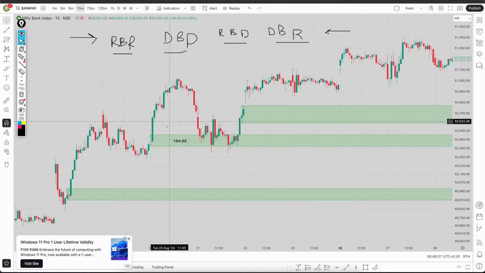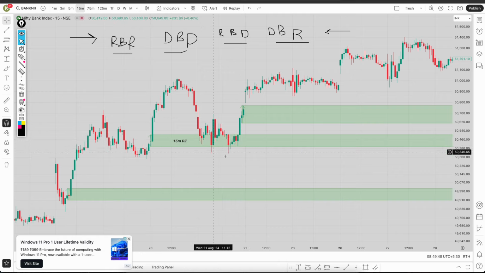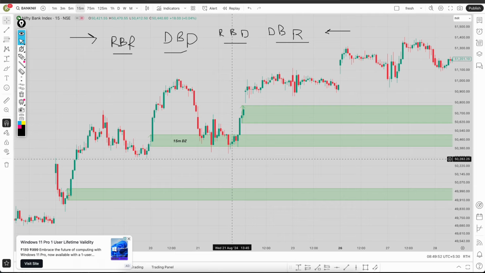So from here the market was coming down, and from this first zone it took support again, because this was having a real institution order flow. It stayed there for a while and did not let the price go below and go in the downward direction.